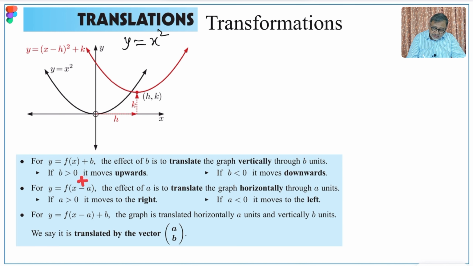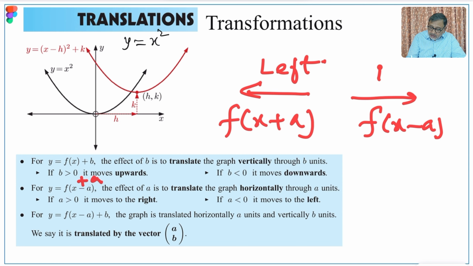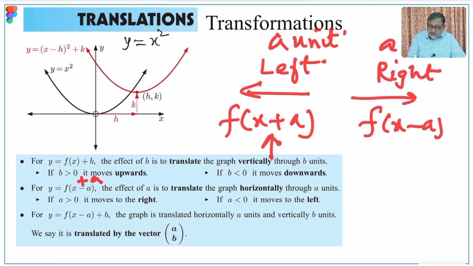Because minus of minus will become plus a. f of x plus a will shift to the left, and f of x minus a will shift to the right, by a units. When you add, it will shift to the left. When you subtract, it will shift to the right, parallel to the x-axis, of course.